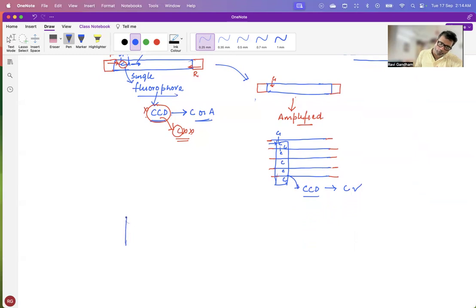In Illumina, you basically have a flow cell. And on the flow cell, you'll have lanes. I would request you to go to YouTube and watch the video on bridge amplification.